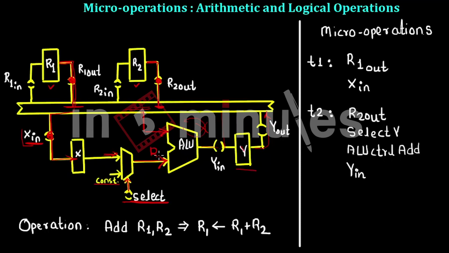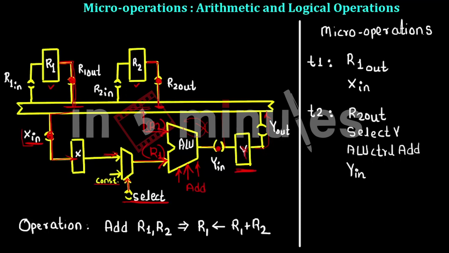So our data from R1 comes here, and the data from R2 is already on the bus, so it is already present here. Now we want to add them using the ALU. So here is the ALU control signal, which was not shown before. These ALU control signals are set to add. And we get the result R1 plus R2. Y in is also active so that the result is stored in the Y register. So in the second T state, we get R1 plus R2 stored in Y.